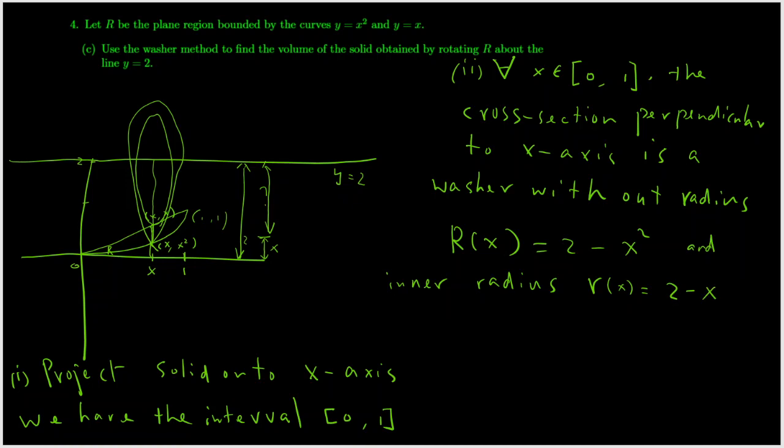I think you got it. The hard part is over. We know the cross section is a washer. We got the inner radius, we got the outer radius. Now we are ready to get the area of the washer.